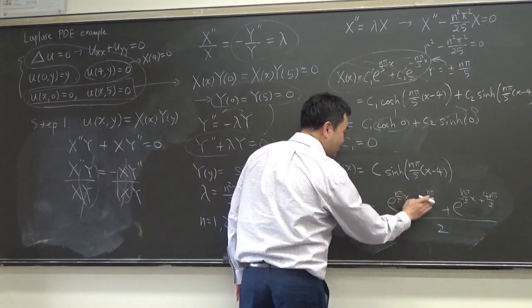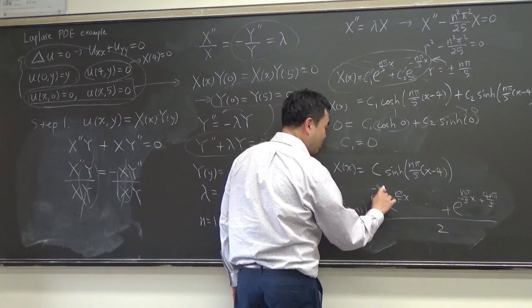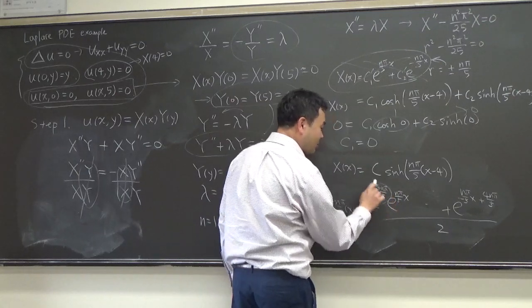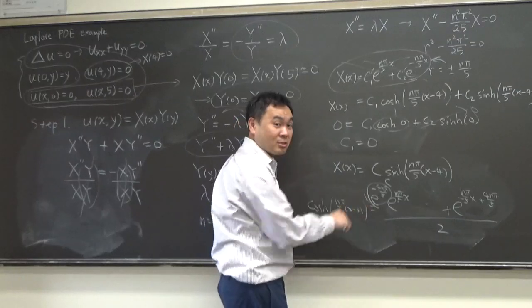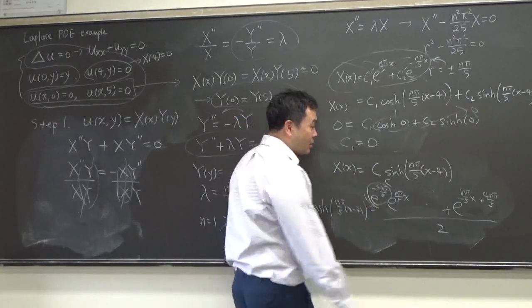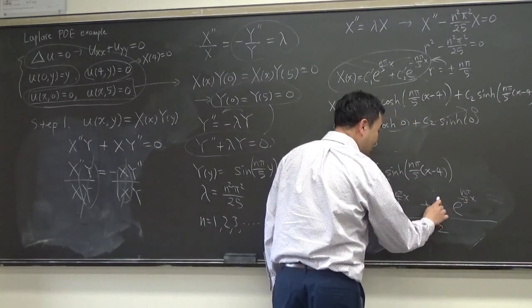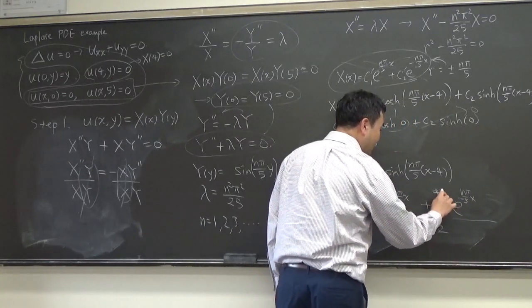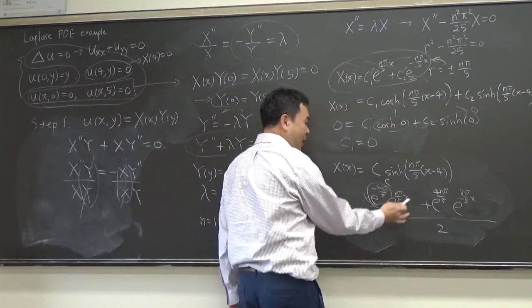This is just e to the negative 4n pi over 5, which is some constant, right? That's some constant, for a fixed value of n this is just a number, right? And the same thing here. This is just plus e to the 4n pi over 5, which is a number. The x's are here.